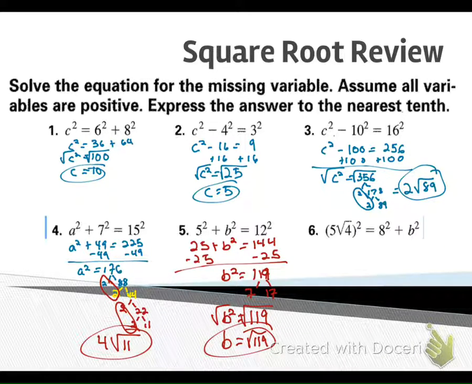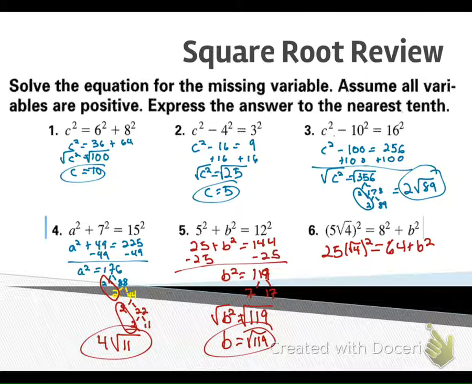Our last one is the square of 5 times the square root of 4. When we do this, we're applying that square to both sides. When we apply it to both sides, we have 5 squared, and then we have the square root of 4 squared, equals 8 squared, which is 64, plus b squared.